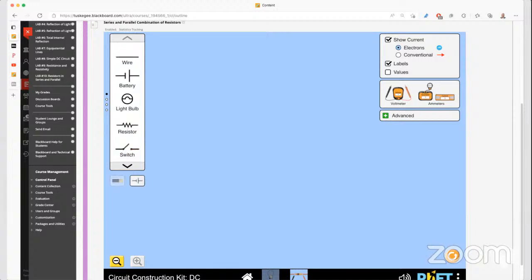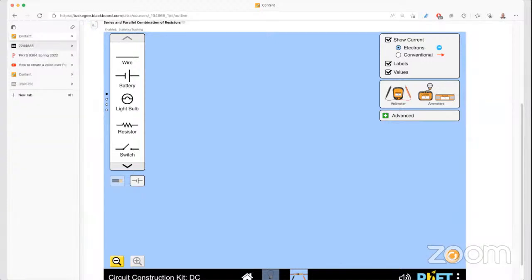In the schematic view, you don't see the real life pictures of the objects, but you see the symbols that are used in electrical circuits. And to the right, you need to check all these boxes: show values, labels, and current, and of course, electron current. At any point, you can reset your window by clicking on the reset button at the lower right corner.